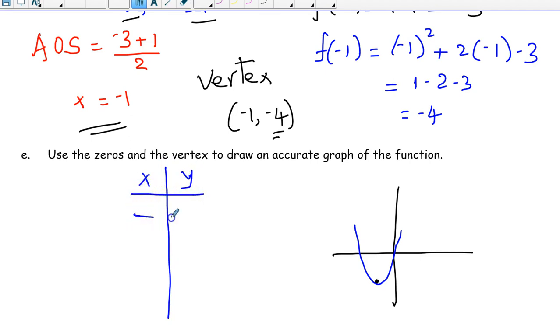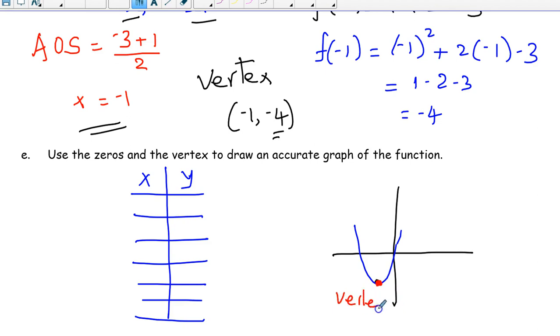Now, what are the suitable x and y values that I have to consider? I will take in my center the vertex, which is the main point here, the turning point where the graph turns around like this.